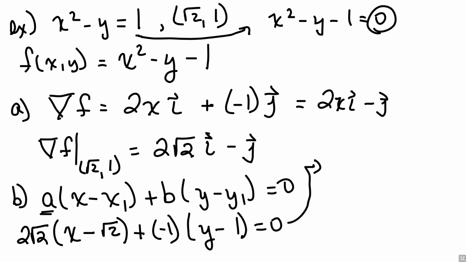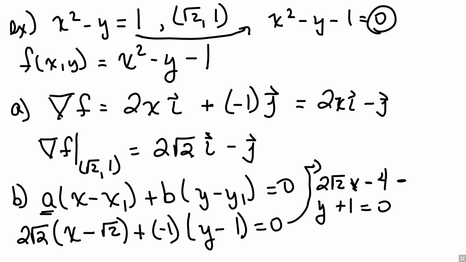So essentially, what we can do is put this in slope-intercept form. We're going to multiply this out, and if we do that, we're going to end up with 2 times the square root of 2 times x minus 4, and then minus y plus 1 is equal to 0. So basically, I want to get y by itself.